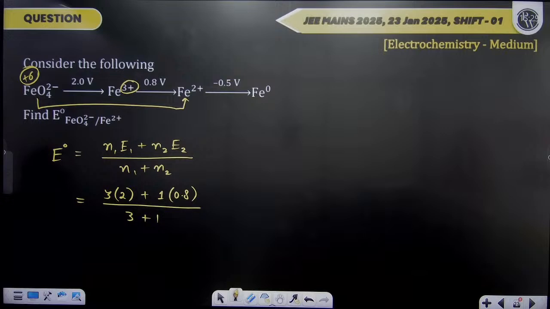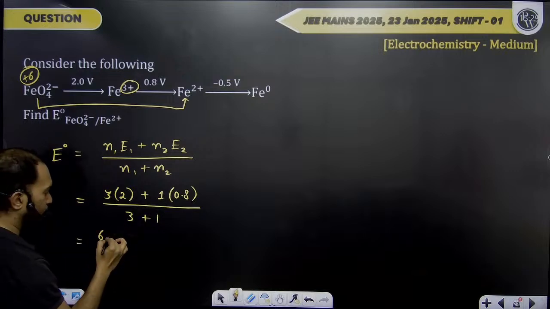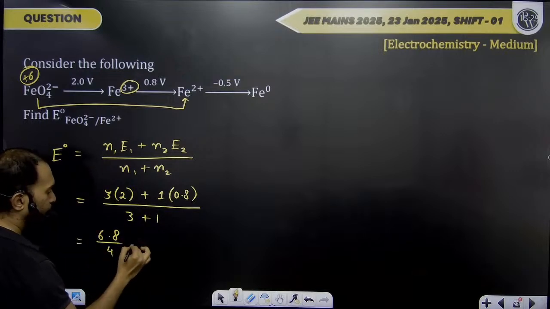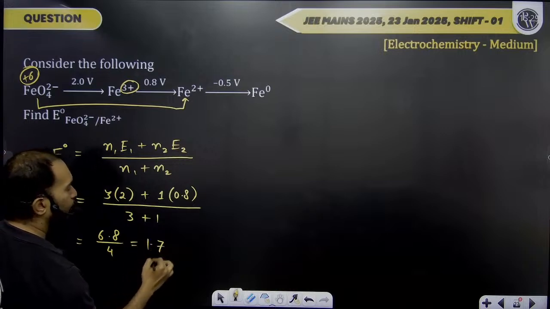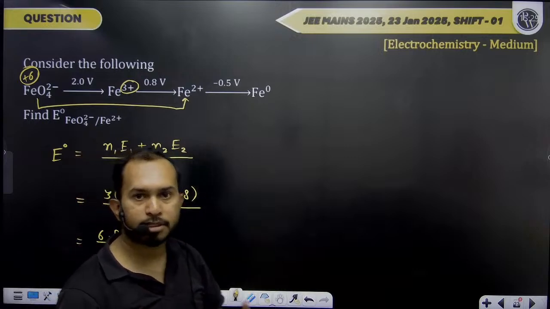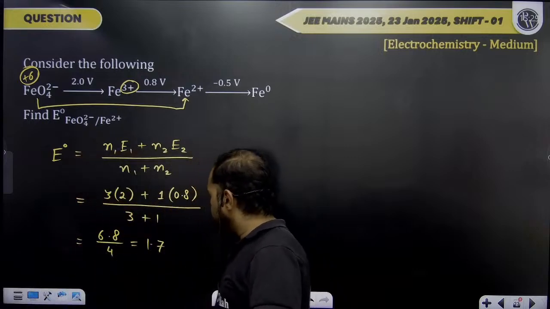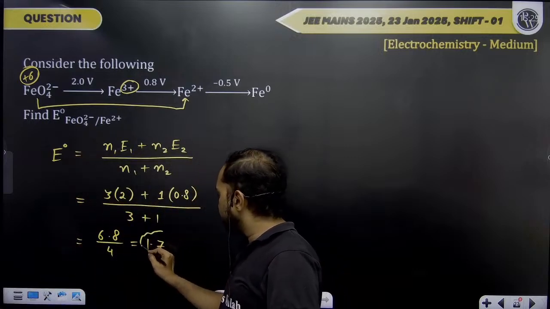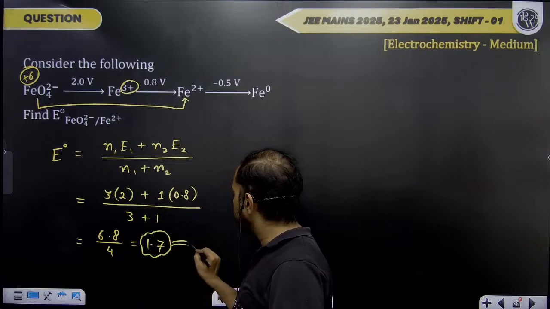Okay, so calculate this, this is around 6.8 divided by 4. If you calculate this, this will come out to be near about 1.7. Integer type question, so you have to mark the closest integer in JEE Mains, right? So 1.7, the closest integer will be 2.